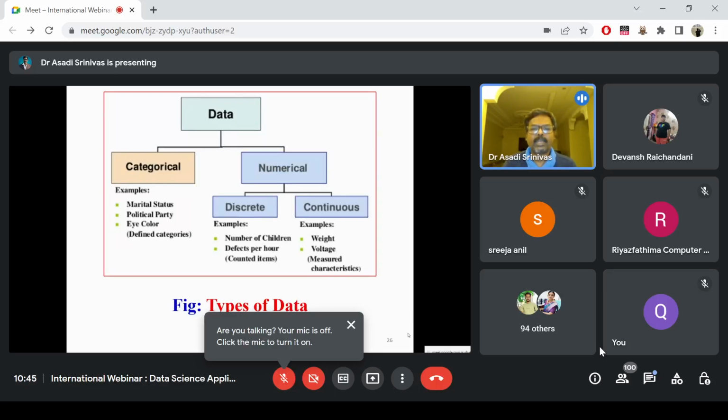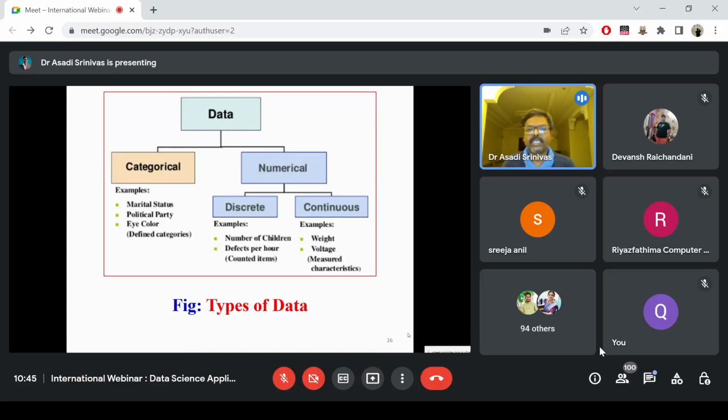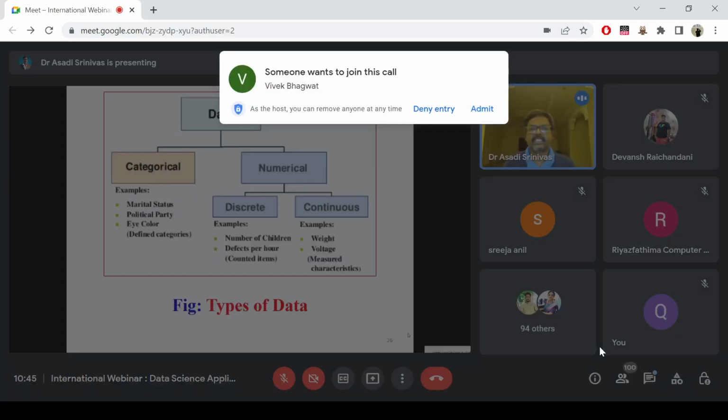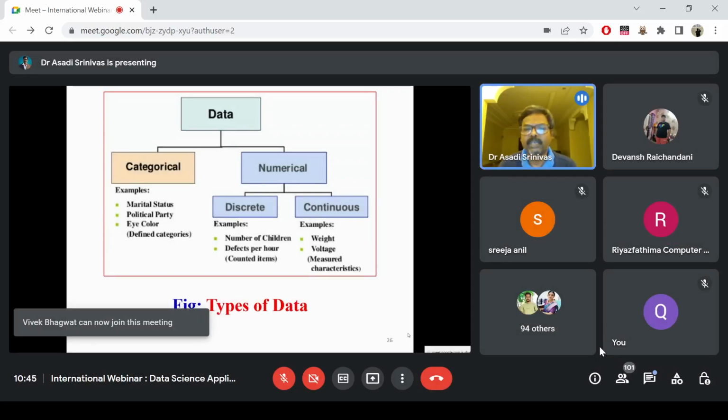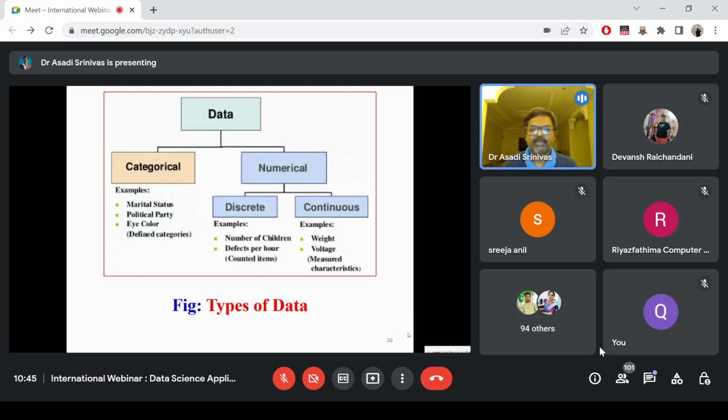Examples: number of children, defects per hour in software. Continuous means measured characteristics, continuously growing, like our age, our weight, voltage. These are examples of continuous data.